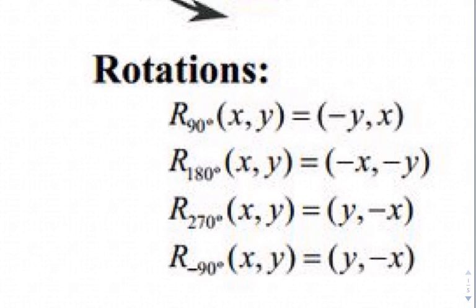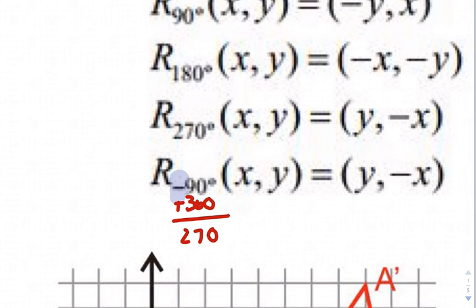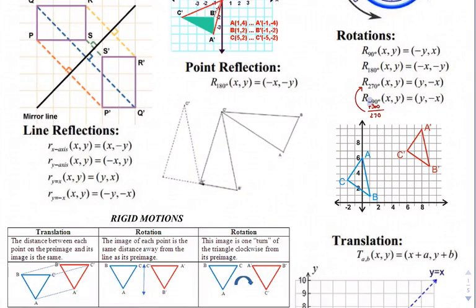Rotation of 180 is negative x comma negative y. Rotation of 270 is y comma negative x, and then remember, when it says a negative rotation, that means the other way. So if you don't want to think about it like that, you could add 360 and you would get 270, so it has the same rule as a rotation of 270.